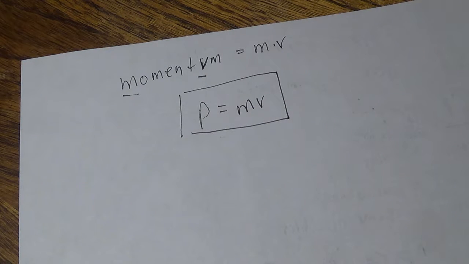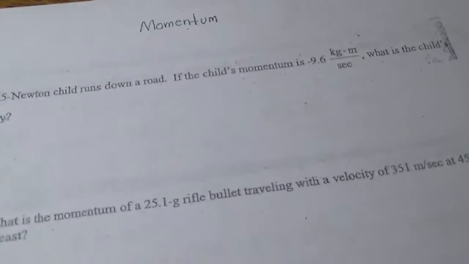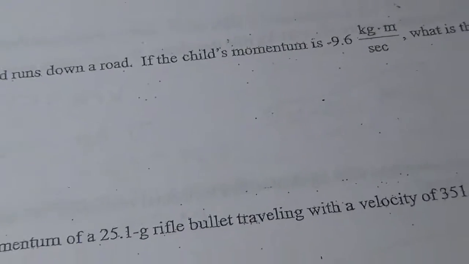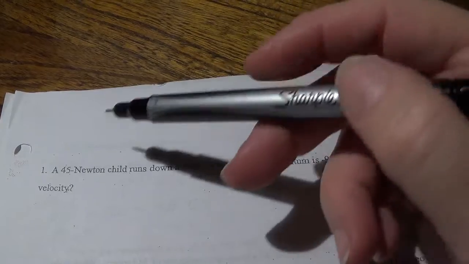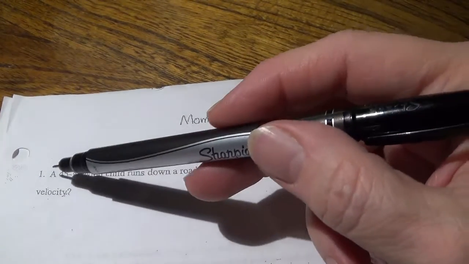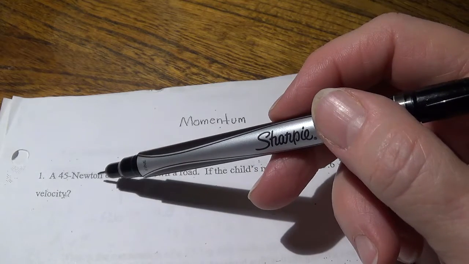Alright, so I'll show you what one's like when we get to this one. Let's see if I can get it in the screen even. There we go. So here it says the mass of a, I'm sorry, this is not mass, this is a force because it's a Newton.